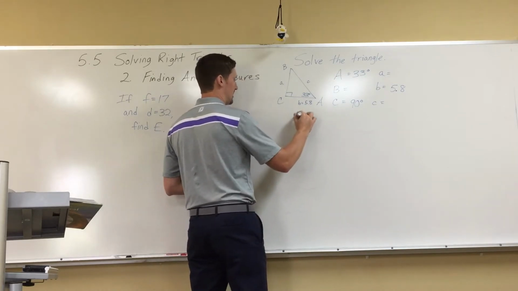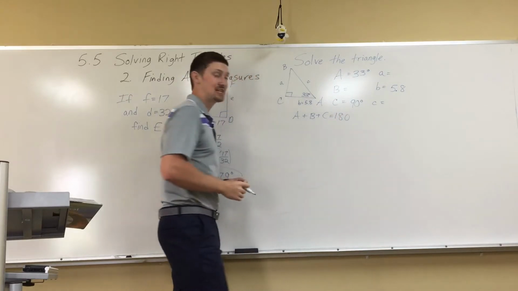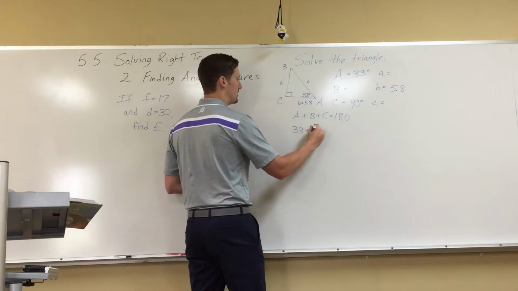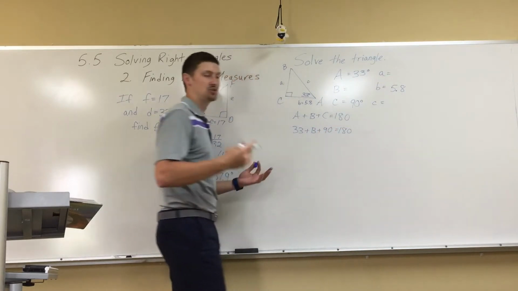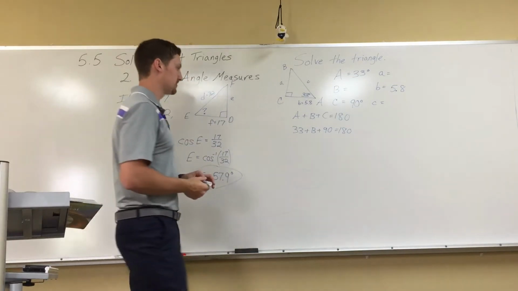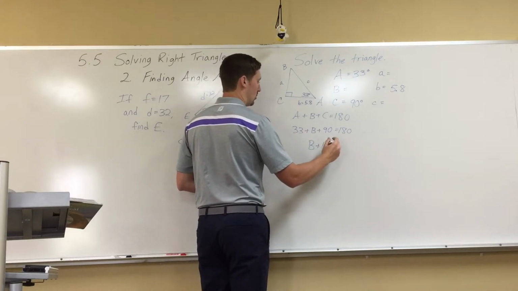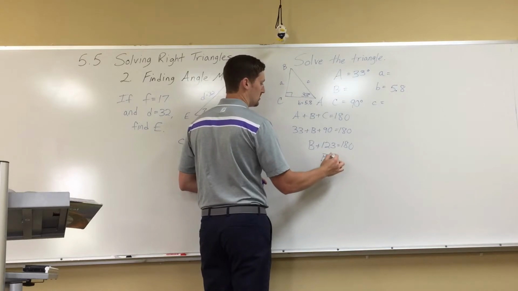Let's do it this way. A plus B plus C equals 180, right? All those angles have to equal 180. We know A is 33, we don't know B, we know C is 90. Yeah, we're kind of setting up an algebra problem. You can do it quickly in your calculator. But here's how you do the work. Add these up, 123, and then subtract 123.